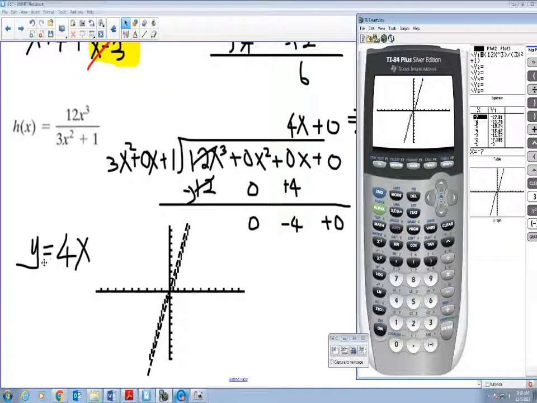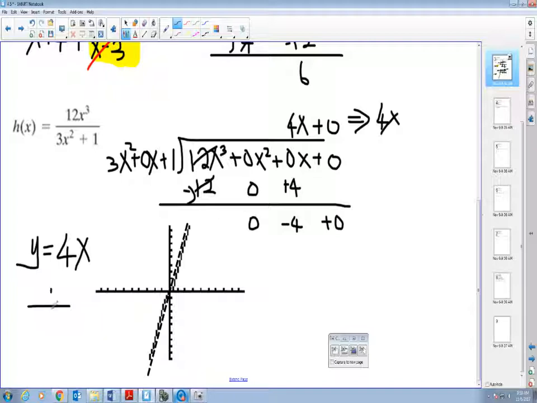because if I say x equal to 0, y is 0, that's the origin. If I say x is 1, y is 4. If I say x is negative 1, y is negative 4. You know what I'm saying?